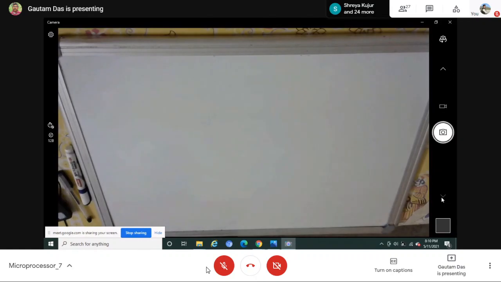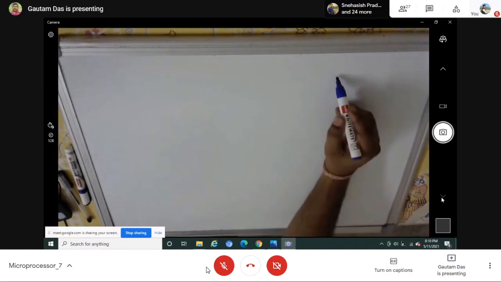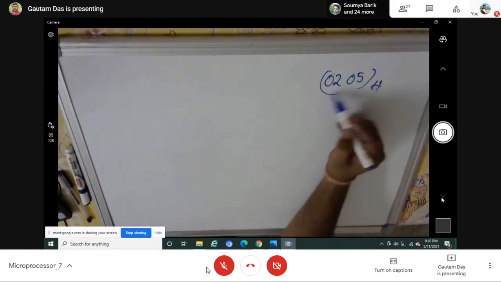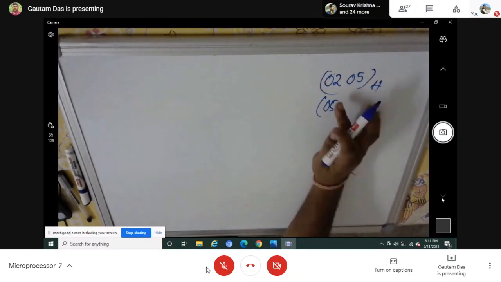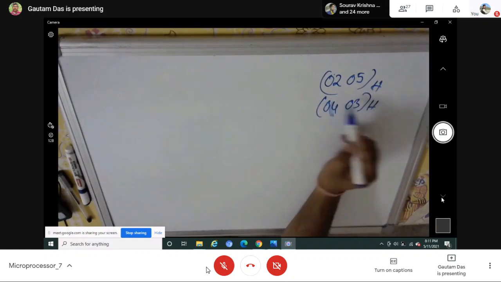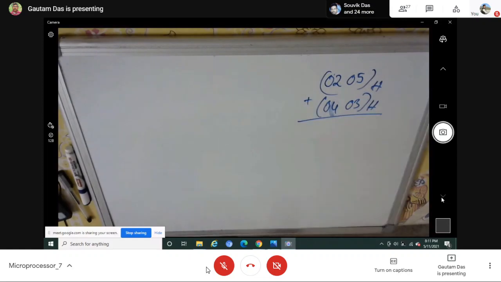Just now I will try to mention that if I have suppose 16-bit data, 0205, this is one data, and another data, suppose 0403, this is another 16-bit data. I want to add these two data.